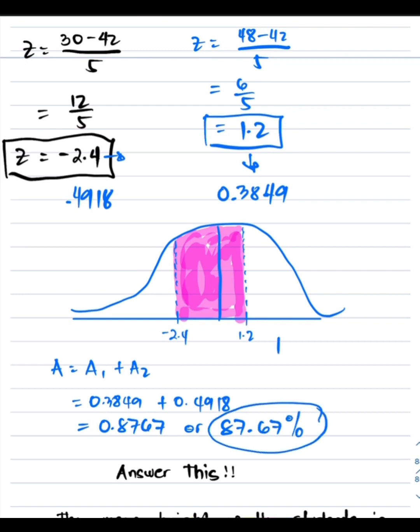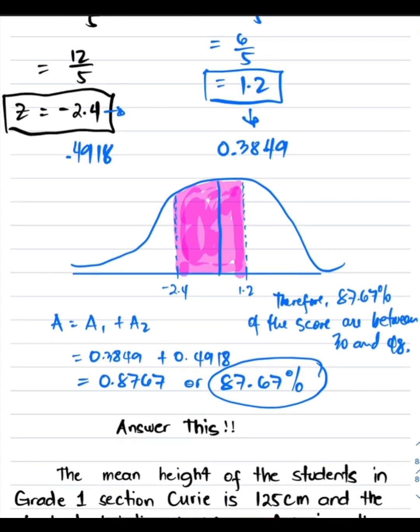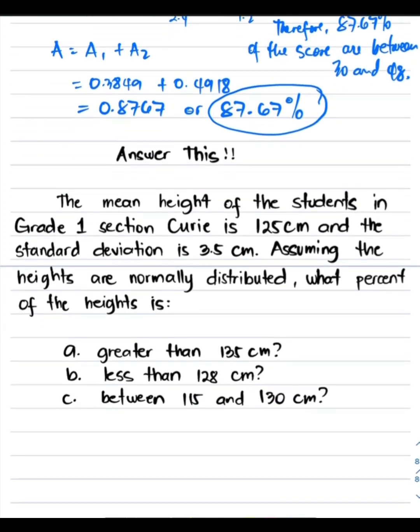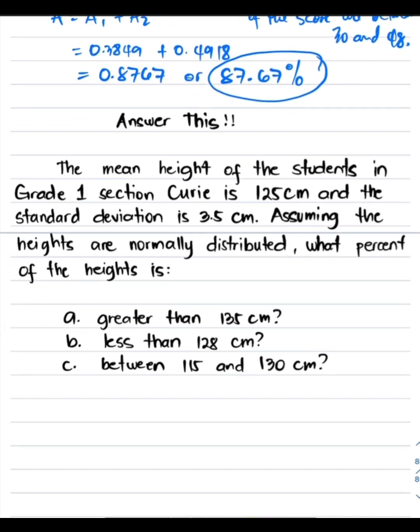So therefore, 87.67% of the scores are between 30 and 48. So try this answer, this problem. Please solve this one.